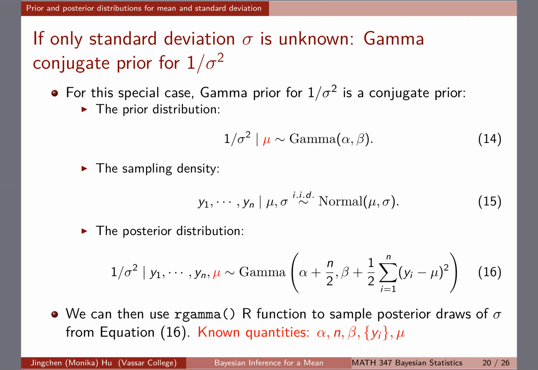If you start with a gamma, you're going to end with a gamma, but with a different shape parameter. Gamma has 2 parameters: you start with alpha, beta, and you end with alpha plus n over 2, and beta plus 1 over 2 of the sum of the squared differences.